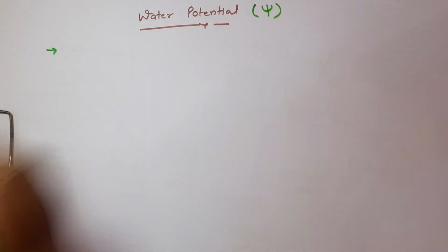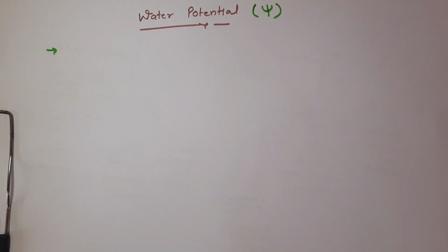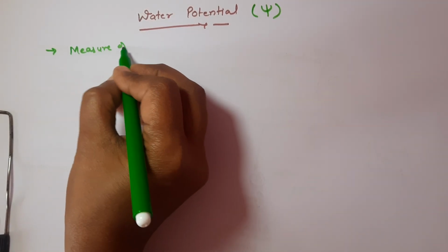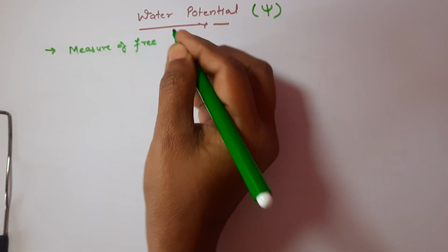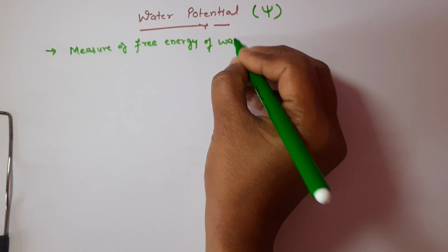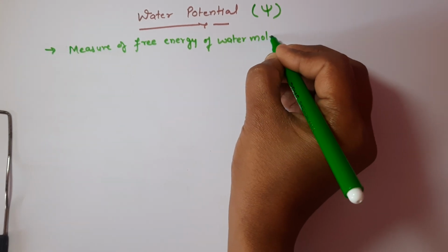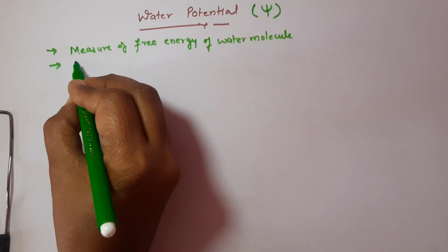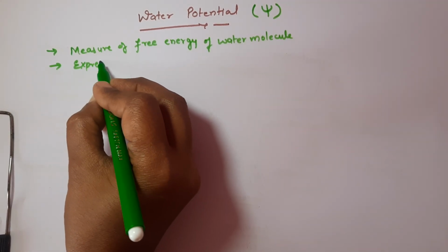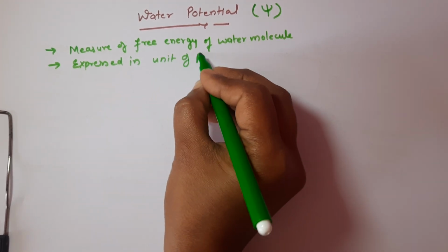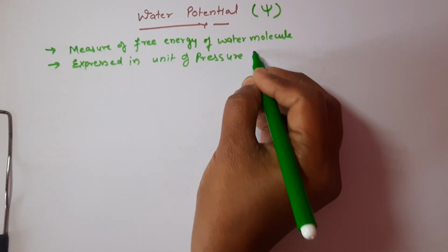Water potential is actually a measure of the free energy of the water molecule, and it is expressed in units of pressure, that is megapascal.